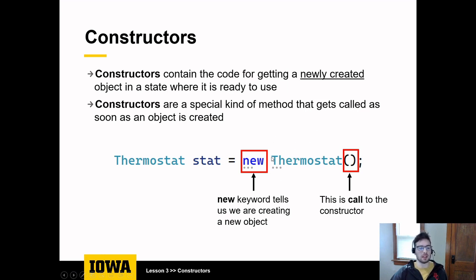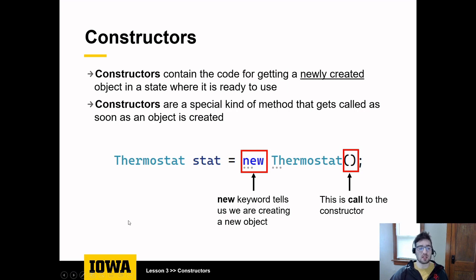Or another way you might hear it is we're creating a new instance of a thermostat, okay? So new keyword, new object. And that new object is being assigned to this variable stat, okay? So if we want to access or interact with this new object, we should go through this stat variable.